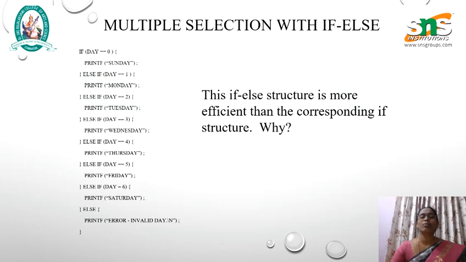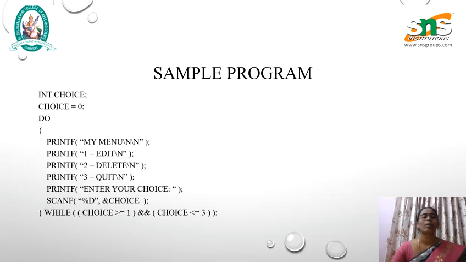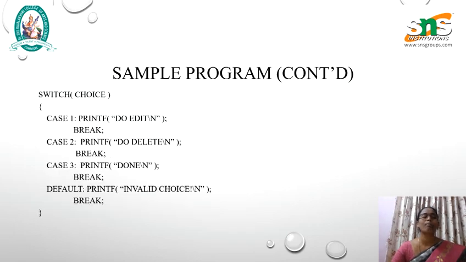Multiple selection with the if statement is accomplished with each statement provided with an else if. Each time we have to check the condition and follow the matched statement. But in the case of the switch case, we can easily provide a menu of options for the user to choose from. Here is a sample program.